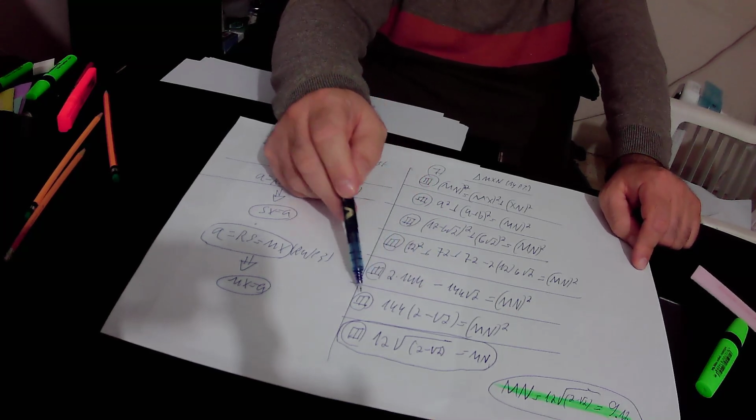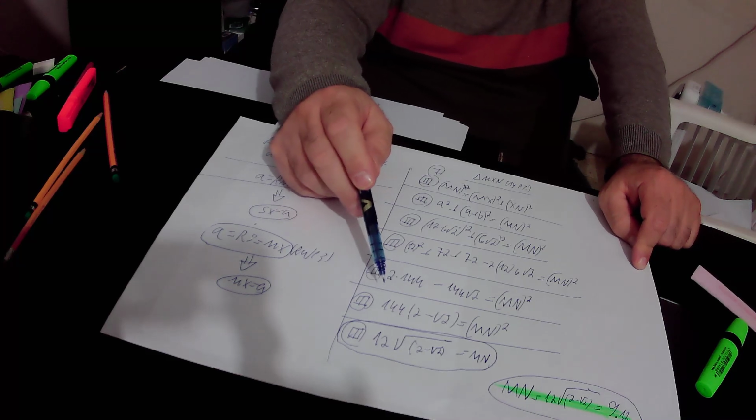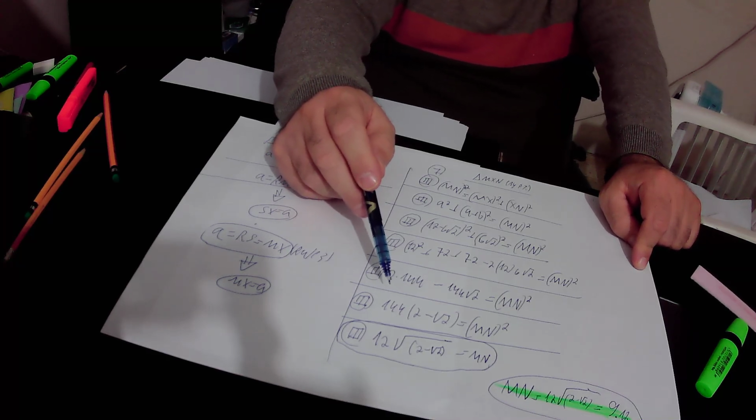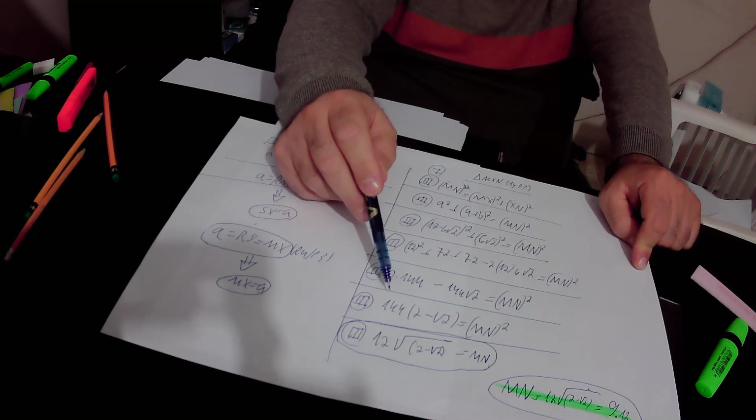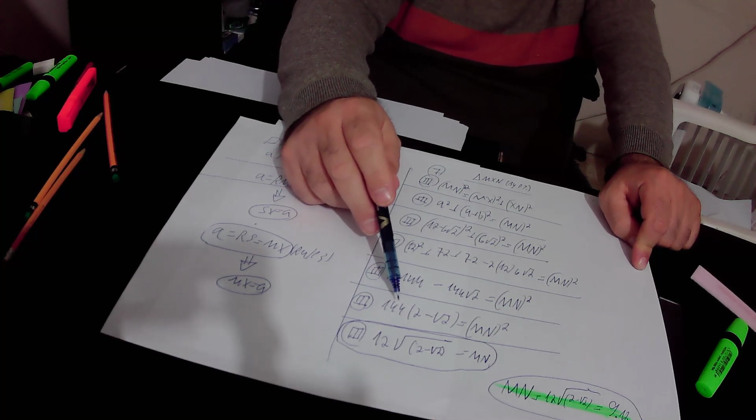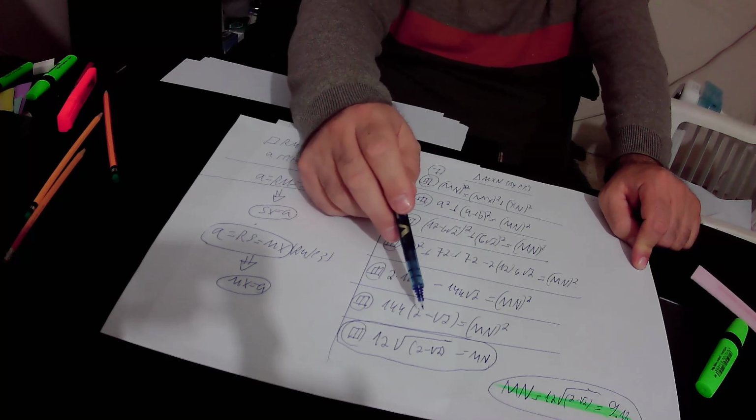Here we took a root out of equation number 3, and we found out that MN is equal to the square root of 144, that is 12, times the square root of 2 minus square root of 2.